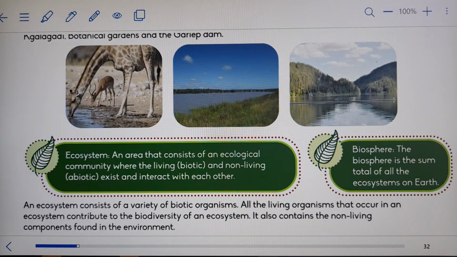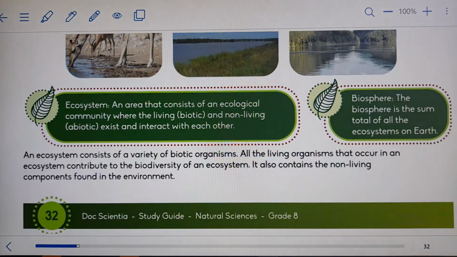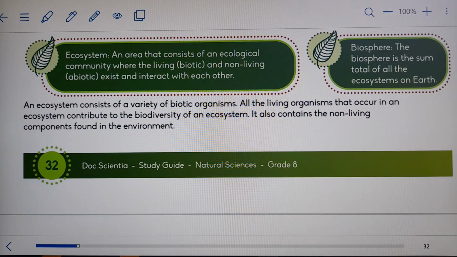They say here, let me scroll up a bit again. An ecosystem is an area that consists of an ecological community where the living, which is biotic, and non-living, which is abiotic, exist and interact with each other.